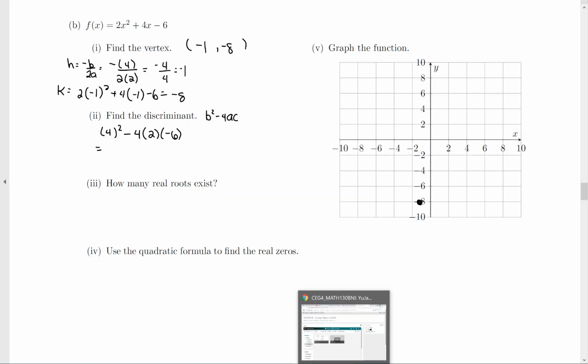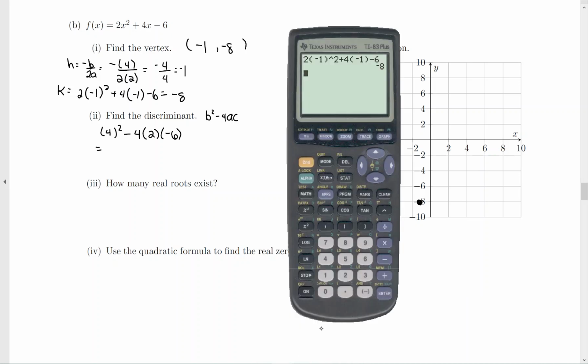All right, so again, check out the calculator and put in parentheses, just like that's shown on the page there. Open parenthesis 4, close parenthesis squared, minus 4, and then parenthesis times 2, and then parenthesis times negative 6.